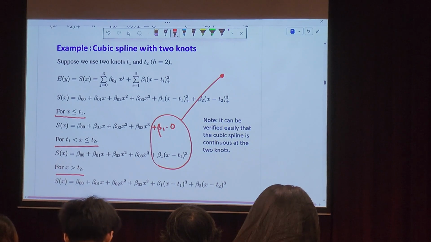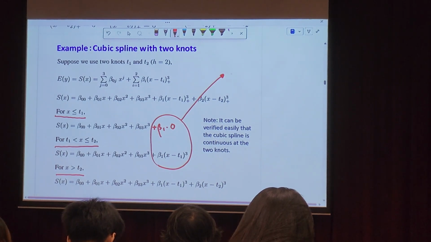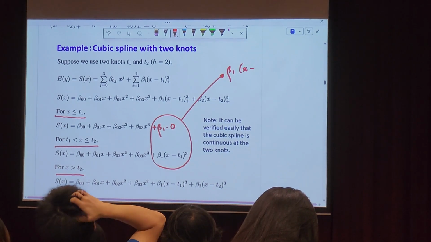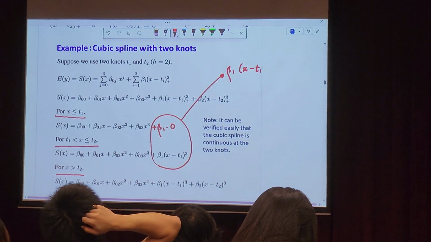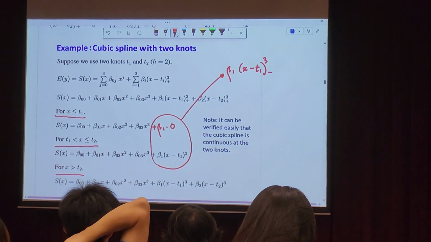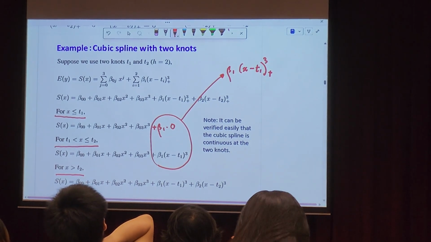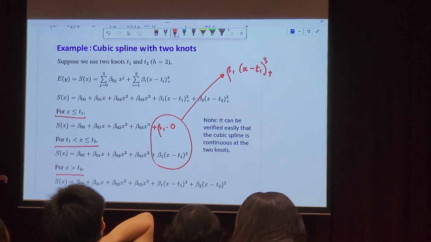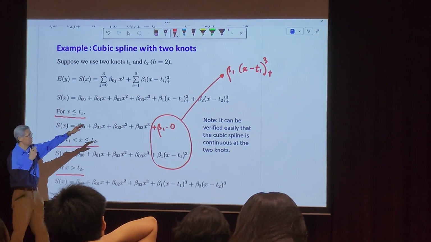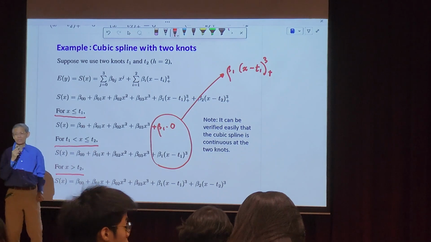And so how do we represent these two? To represent these two, we need this plus notation. That's why this notation, the plus notation comes in.